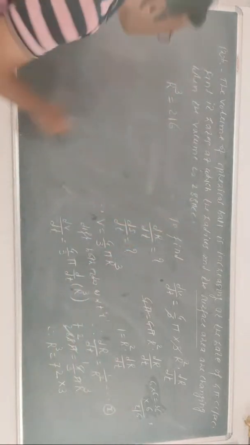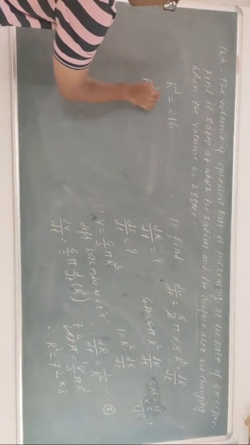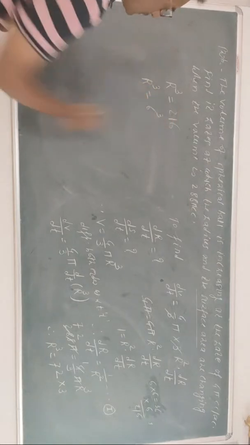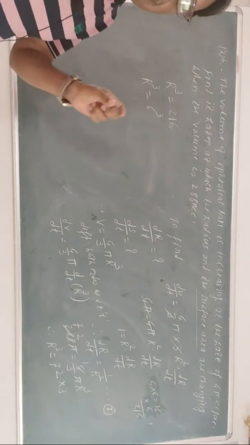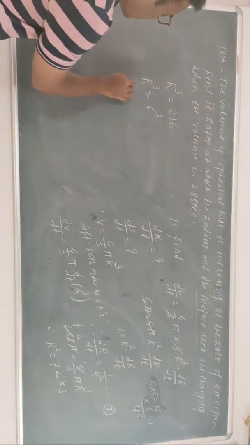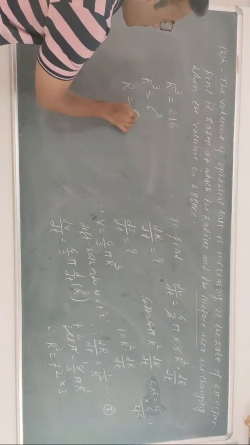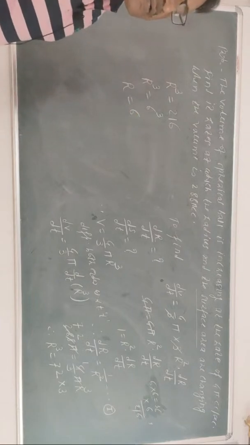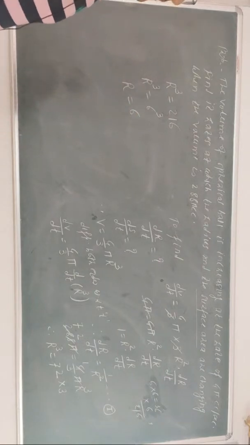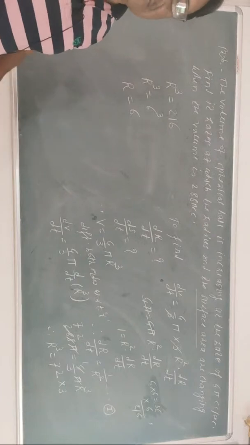So we write here r cube is equal to 6 cube. Then we equate the base, therefore the radius of the spherical ball is equal to 6.